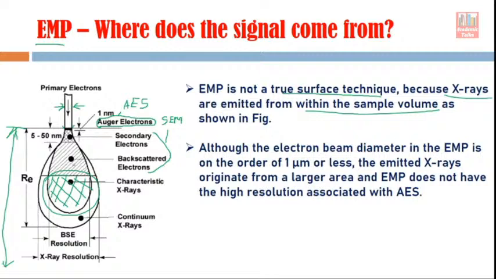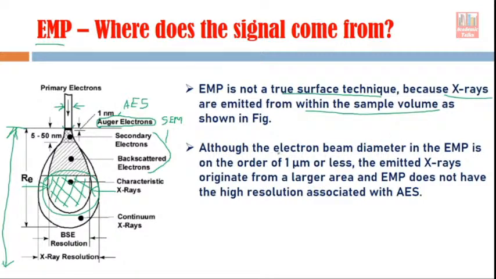But when we talk about the X-rays which are coming out in this EMP technique, the X-rays are coming from a wider portion. You see, it is from this much. If this beam is about 1 micrometer, then it is like 5 to 10 micrometers. It is a much bigger portion which is generating the X-rays.